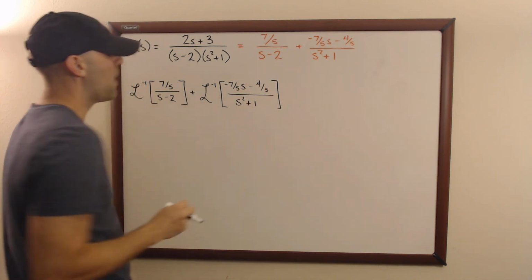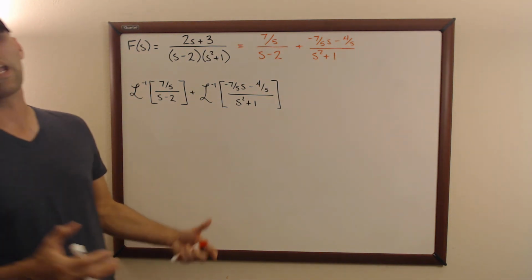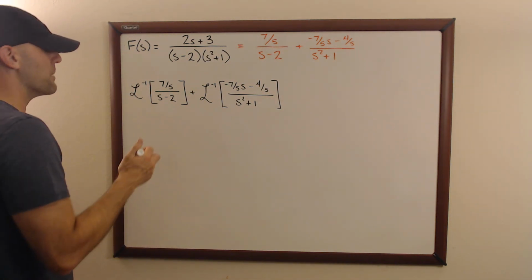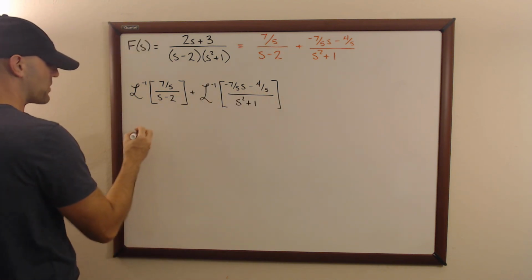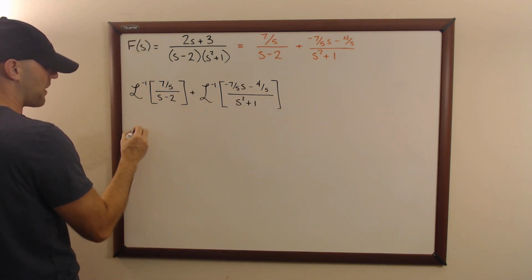Okay. Well, I can separate these the same way I did in the previous example. Again, it's scalar invariant. I can separate these fractions. I can pull the scalars out. And that allows me to rewrite these very nicely.